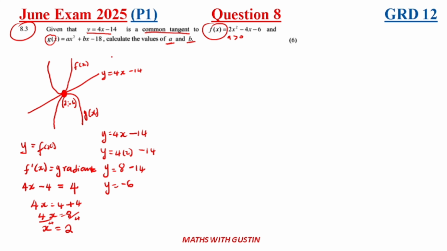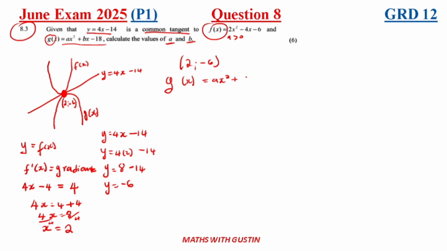So now that we have that, we need to come into this equation. First things first, if this point lies on both equations, you can clearly see that given this point, we can substitute it into our equation g of x, a x squared plus b x.